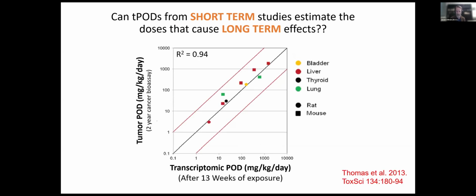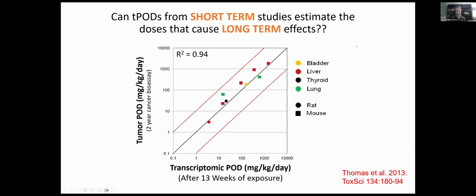Some pioneering work in the field, done by Russell Thomas in a 2013 study, showed that a transcriptomic point of departure from a 13-week exposure was highly correlated to a traditional point of departure from a 2-year cancer bioassay. It took 2 years, so after 13 weeks you get the same quantitative value as you would from a 2-year study. And this was shown in both rat and mouse.